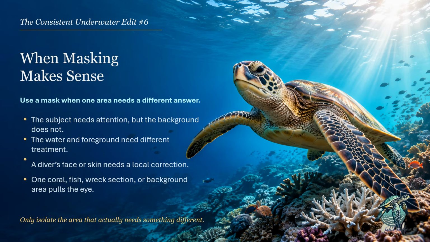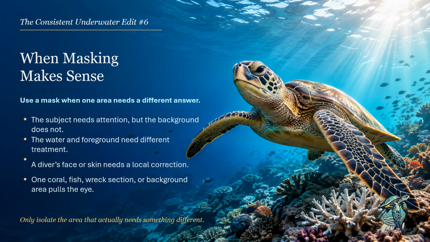Here are several common underwater situations where a local adjustment makes sense. Maybe the subject looks good overall, but a turtle, fish, or diver needs a little more separation from the background. Maybe the foreground is lit by strobes while the water behind it is mostly ambient light, so those two areas need different treatments.